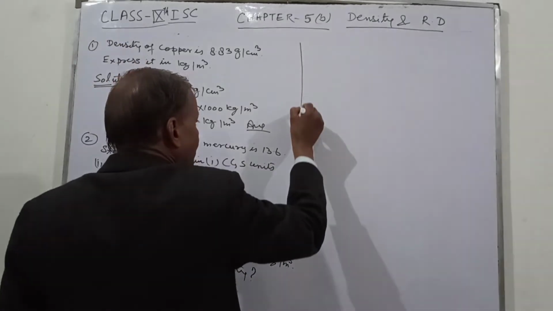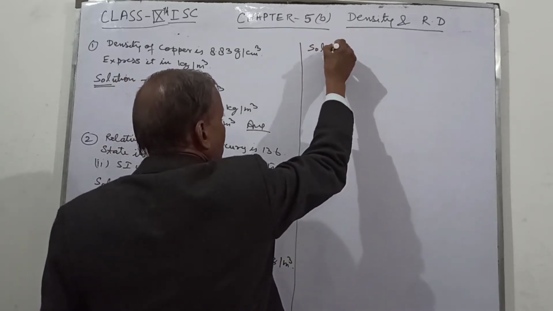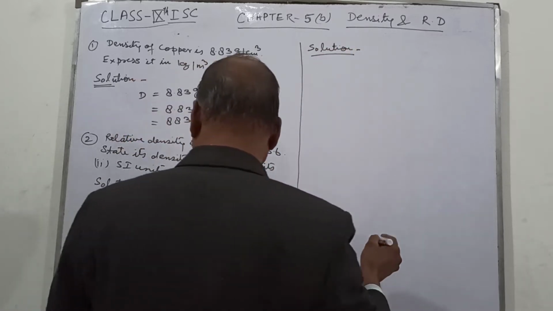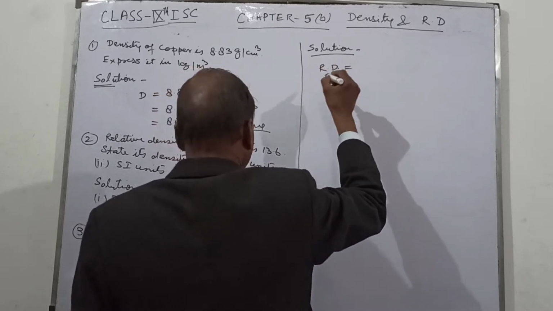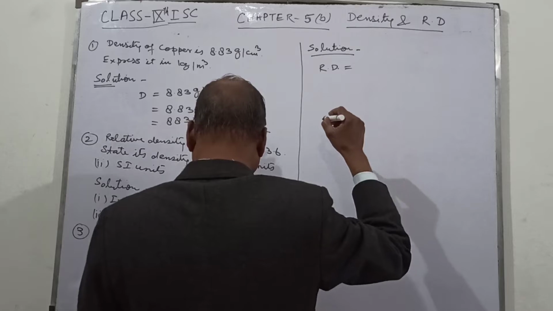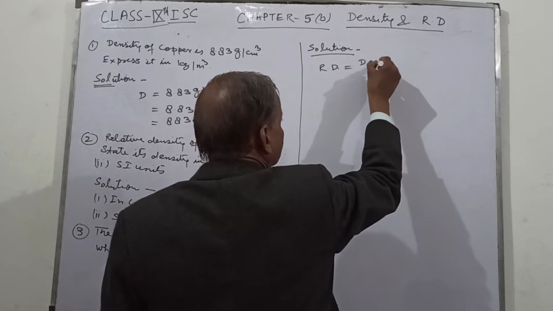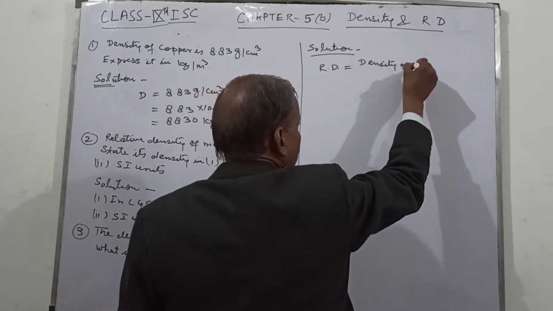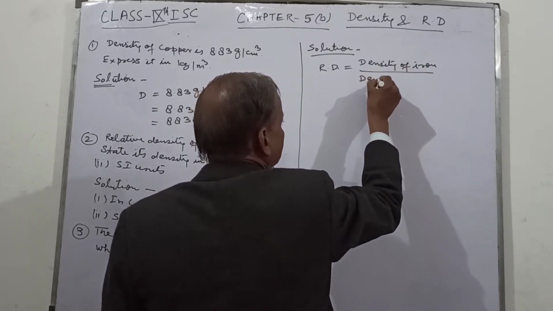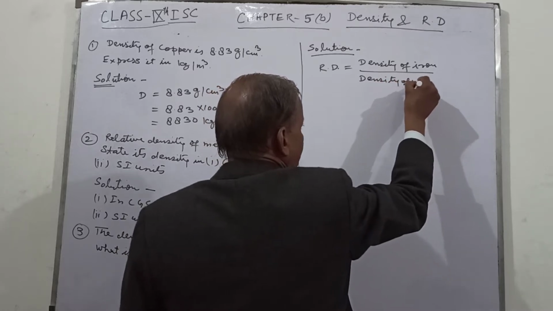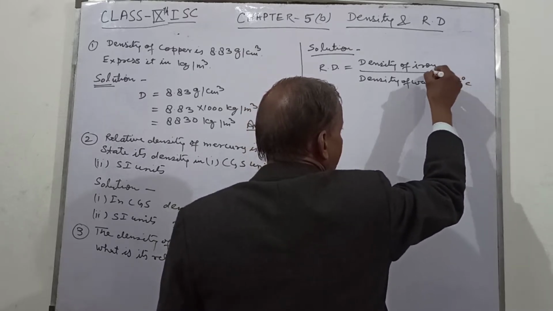So now its solution will be: relative density, RD, equal to the density of iron upon the density of water at 4 degrees Celsius.